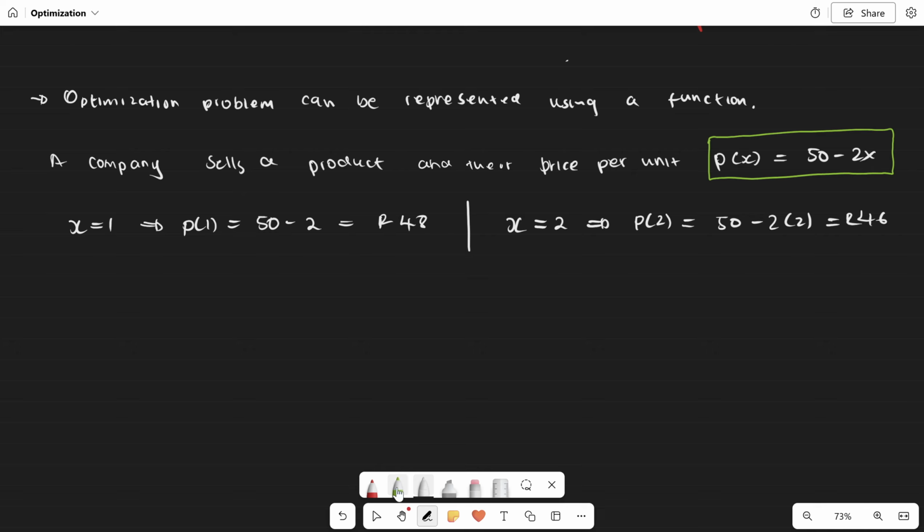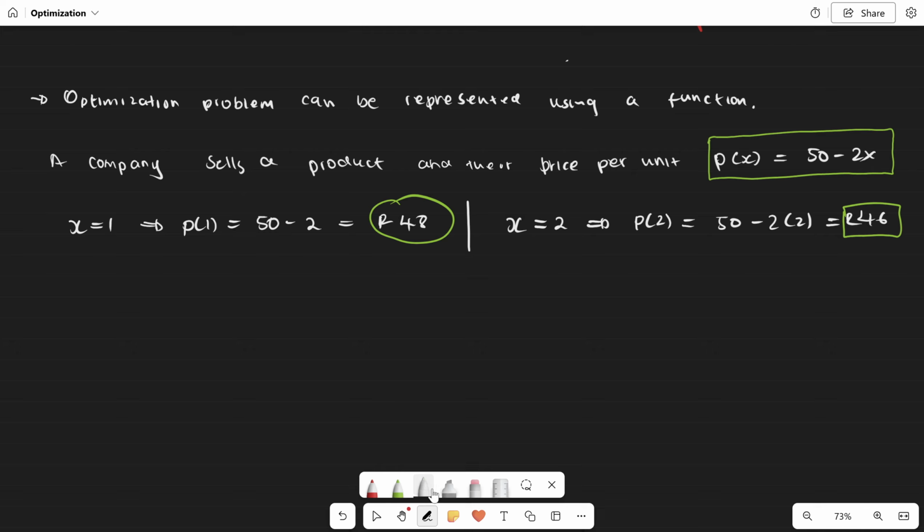If you buy 1 unit, you pay 48 rand, but if you're buying 2, you pay 46 rand. This is the company's way of attracting buyers, saying that if you buy more, you pay less, but if you buy just 1 unit, you pay more.